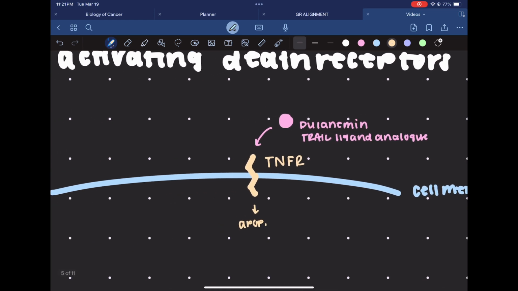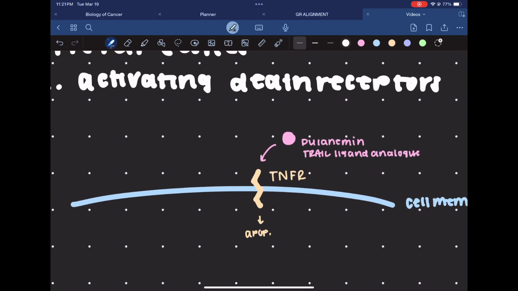So the strategy for this is increasing extrinsic apoptosis signaling.